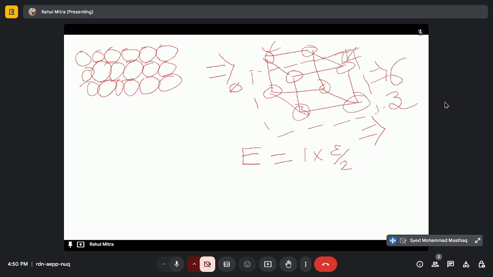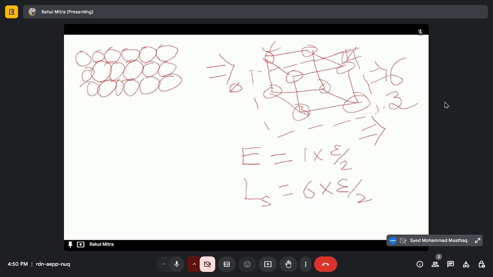For example, the energy required to sublimate a simple cubic is given as sublimation equals, what is its coordination number? Coordination number is 6 multiplied by the bond energy divided by 2.